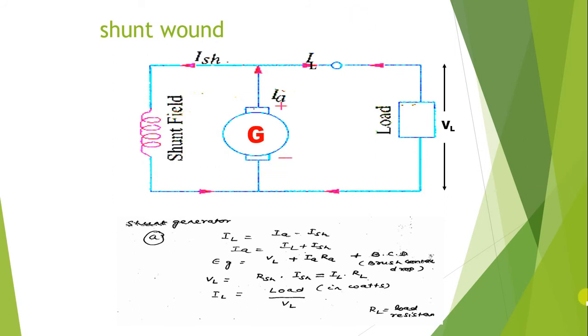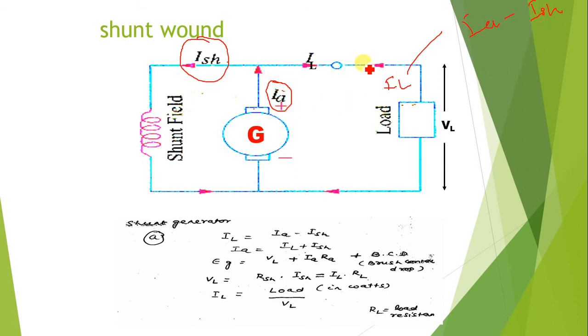In shunt wound coils, what is the current flowing through it? The shunt coil has a certain current passing through it, which is called the shunt current, Ish. And the armature has a certain current, which is the armature current. Now the load current IL is equivalent to the total armature current minus the shunt current.